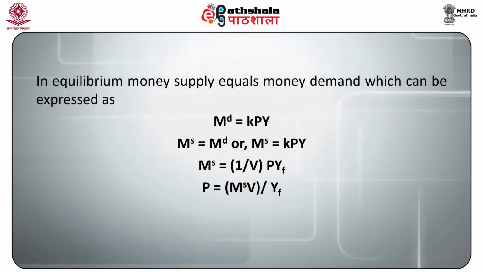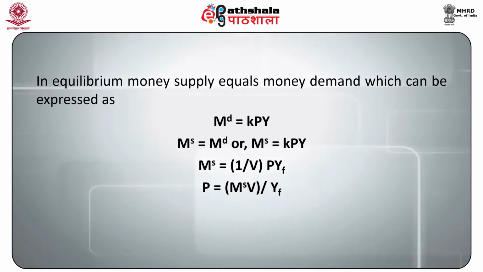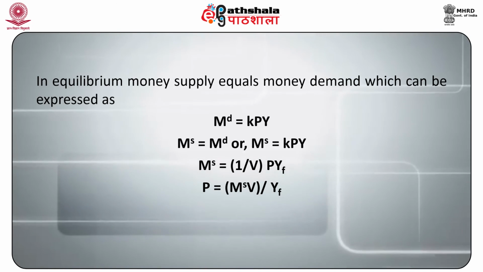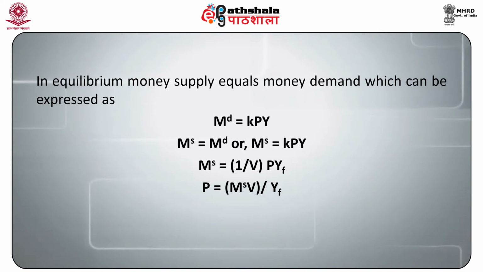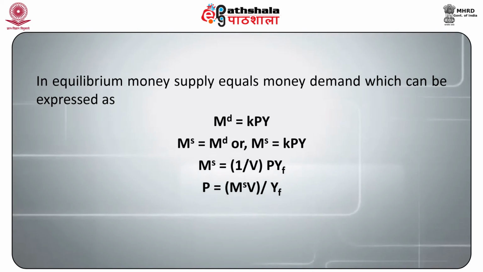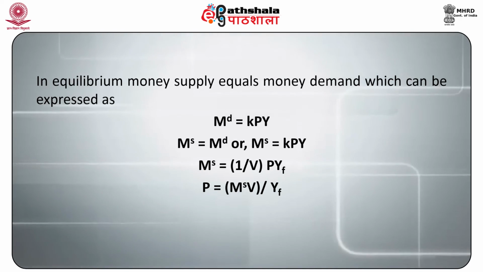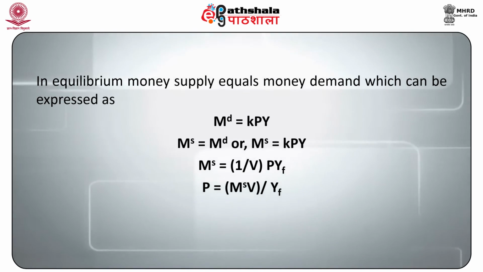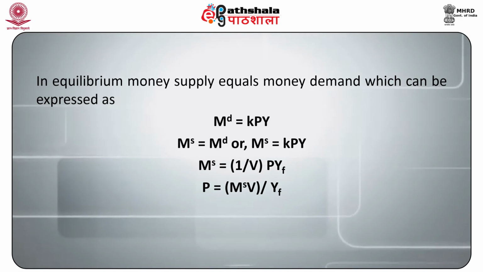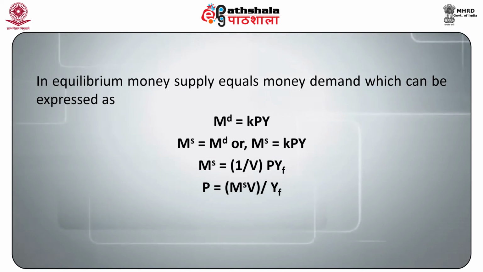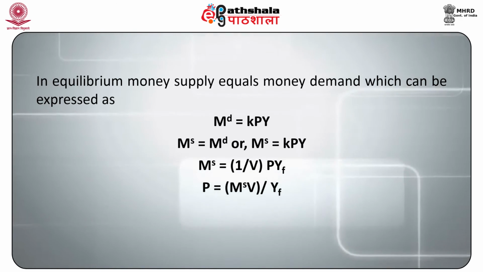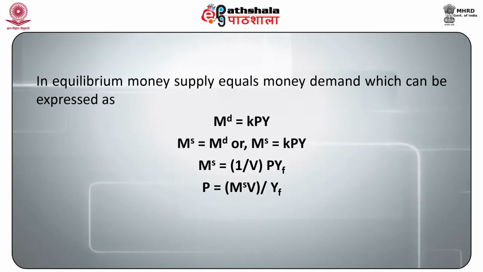The supply of money, that is M^s, is treated to be exogenously given by the central bank. The demand for money, represented by M^d, is given by transaction motive. There is no role of interest rate in determining the money demand. Thus, people hold a constant fraction, that is k, of their money income, that is PY, in the form of money balances.